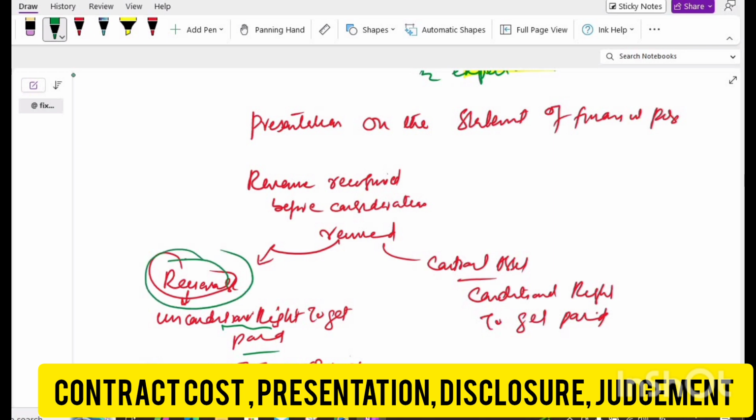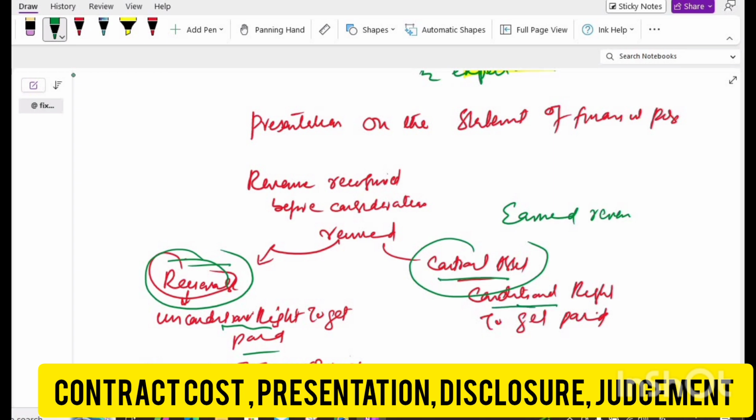Clear? This means that the company regards the amount as money owed. On the other hand, you have the contract asset. It means the company has earned the revenue but doesn't yet have an unconditional right.